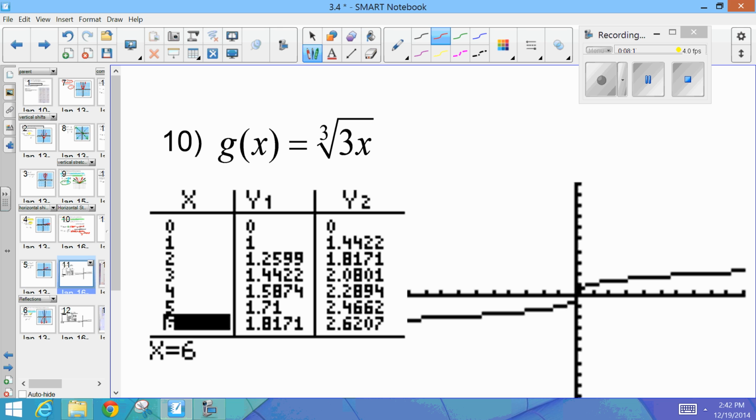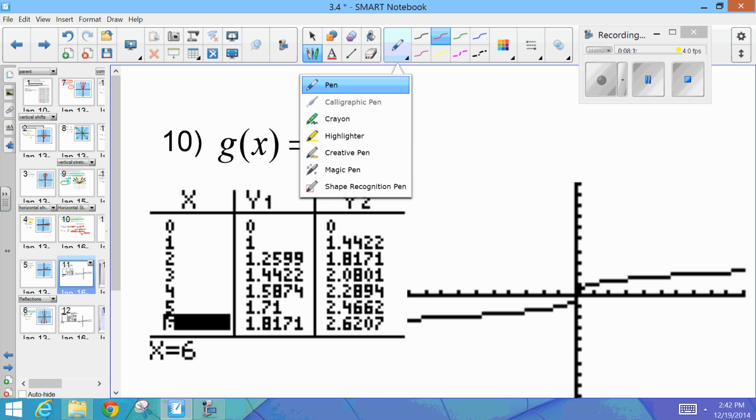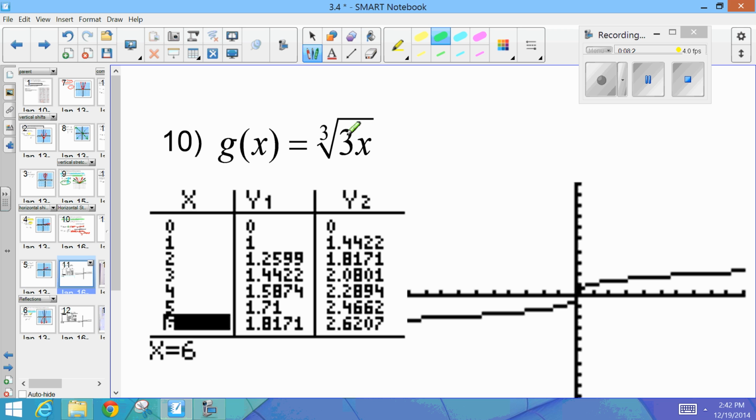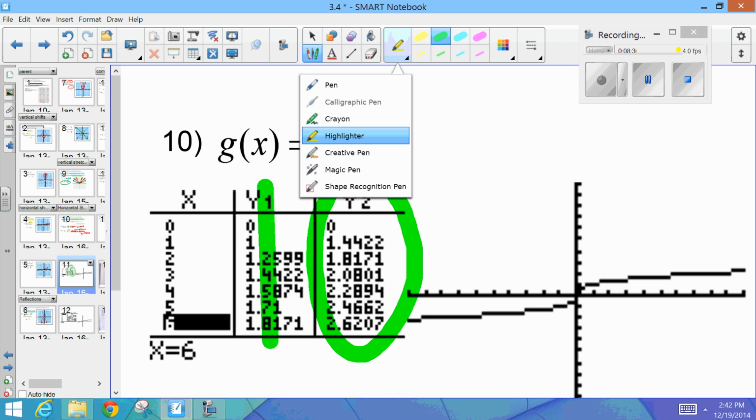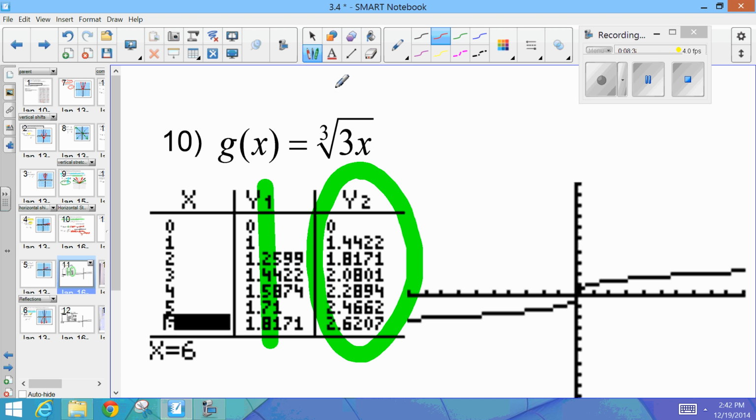All right, so here what I've got, I want you to pay attention to the table. Okay, here what I've got is in this column I have the cubic root, and in this column I have, first I multiply by 3, and then I take the cubic root. So each of these points is getting a little bit taller. So instead of 1, 1, I have 1, 1.4.